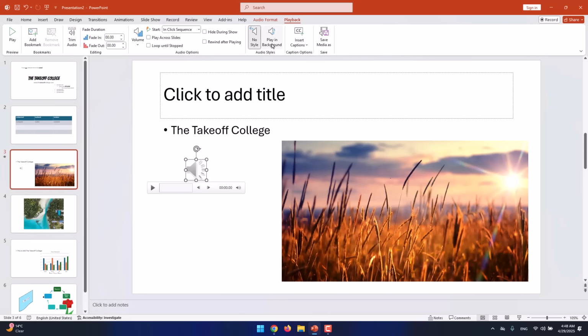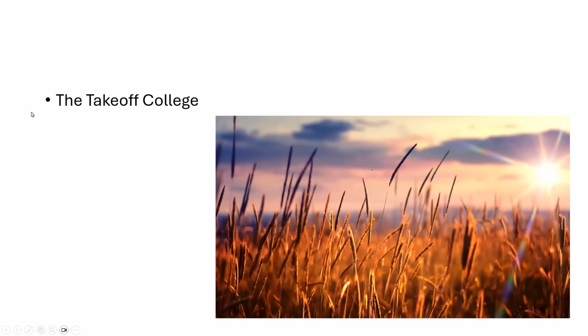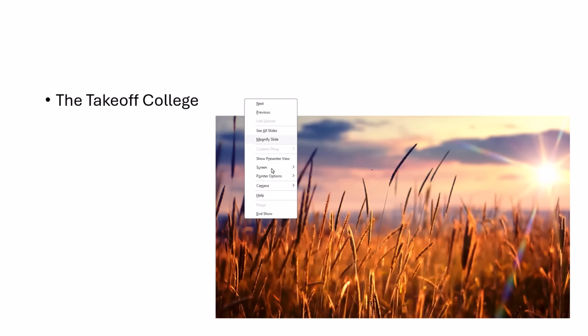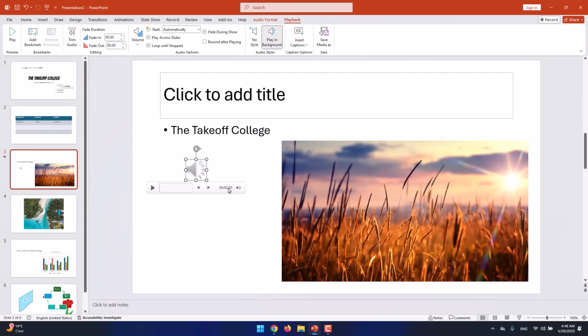But we also have the play in background option, which will function like this. Whenever we are in the transition, there's no icon or anything for the audio, but the audio is played automatically and is a sound in the background. So we can have that as well.